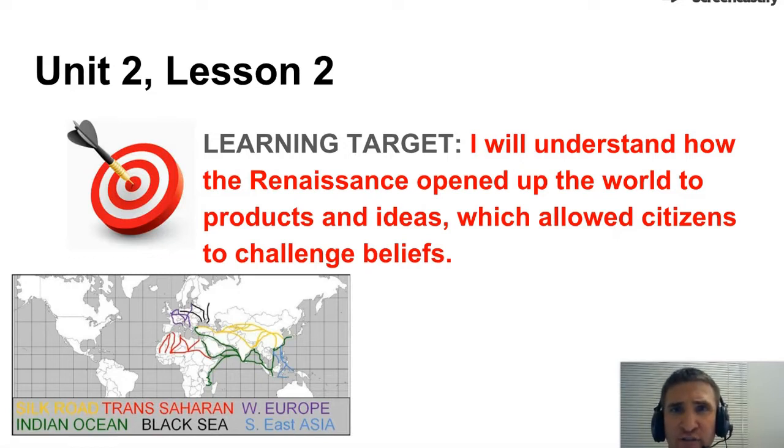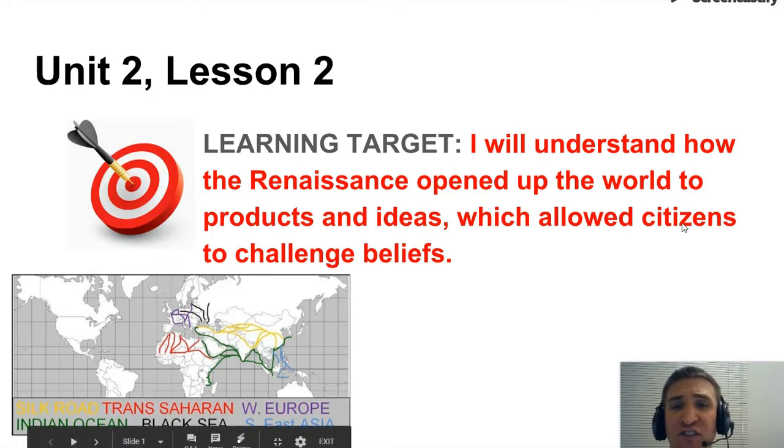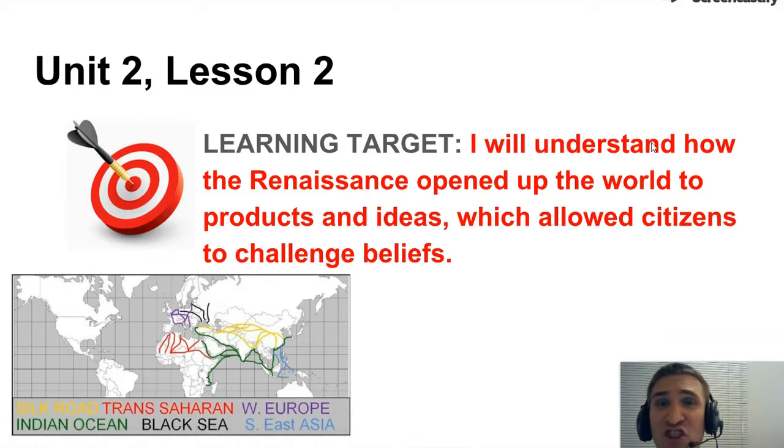The learning target for Lesson 2 of Unit 2: I will understand how the Renaissance opened up the world to products and ideas, which allowed citizens to challenge the beliefs that were accepted at the time. In 1300, the Renaissance in Italy is going on, but it is connecting the world.